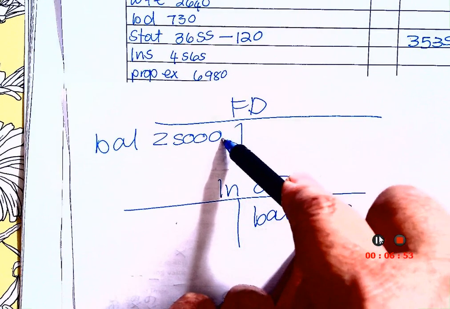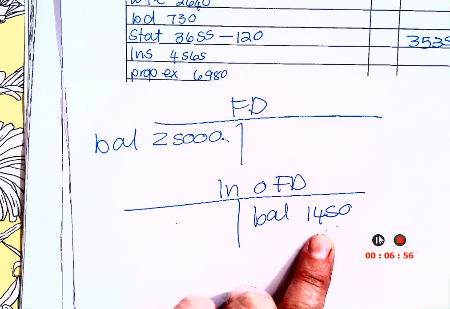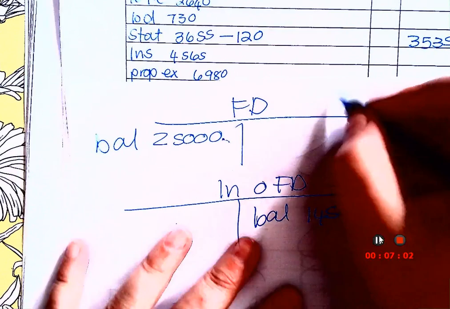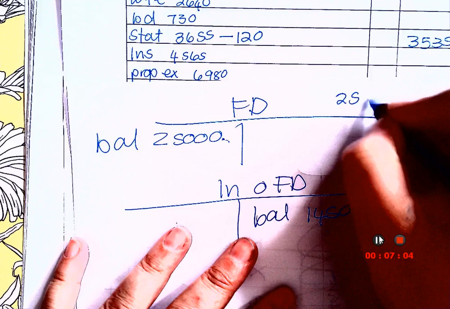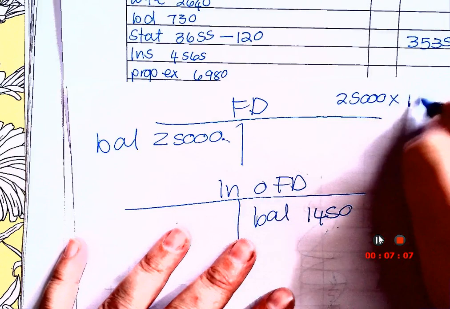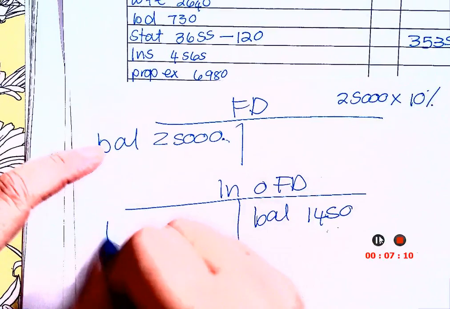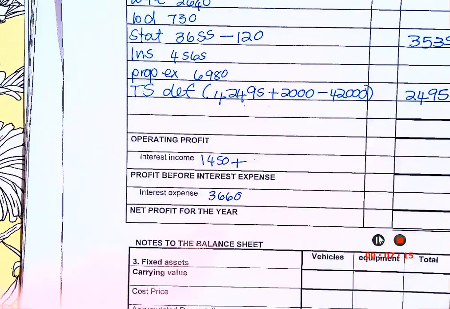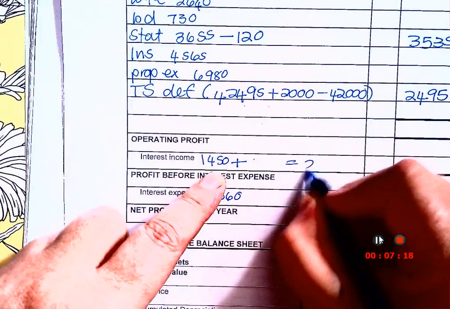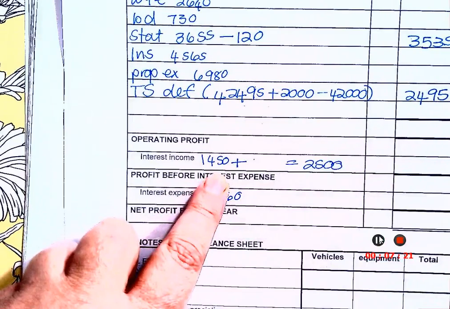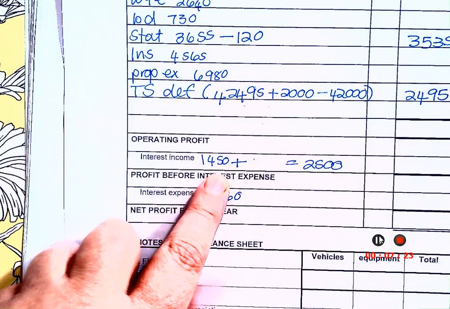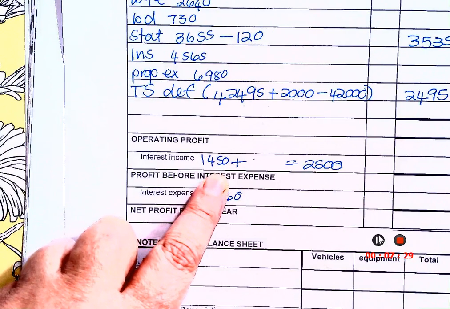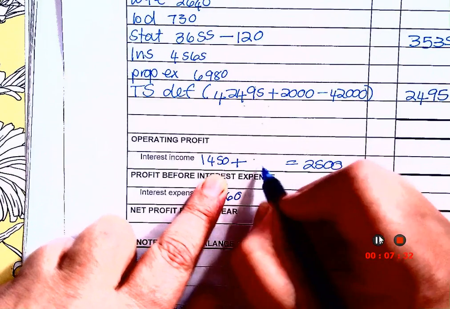But now they say there is still interest outstanding. So all you do is say 25,000, and they say it's 10%. It means in the end, I need to put 2,500 here. That's what I'm supposed to get. But obviously I didn't get that. I'm still short. How much do I short? 1,050.